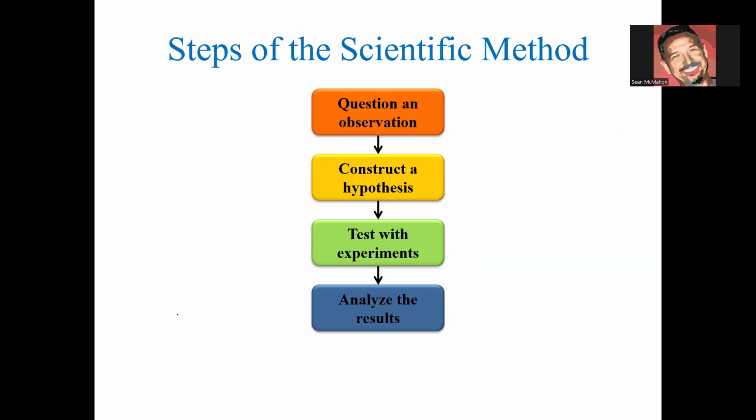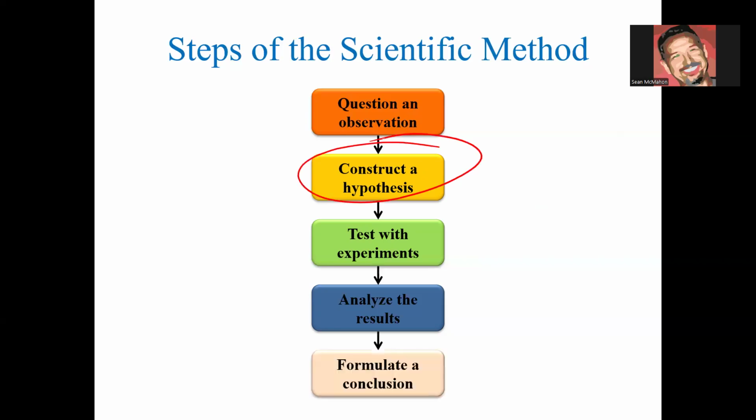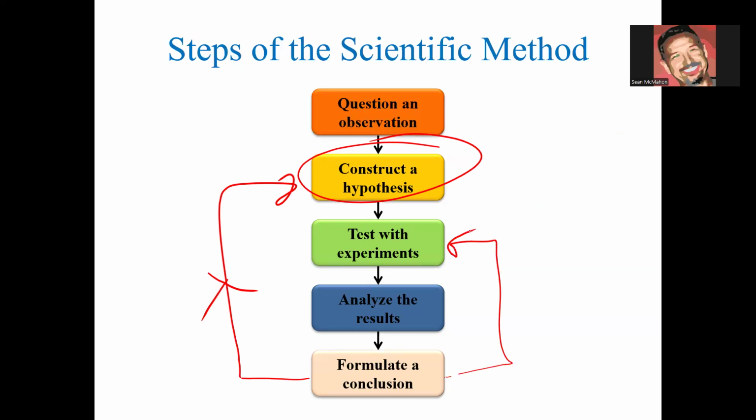And then to see if it supports your original hypothesis, and then you're going to draw conclusions from that. So you might realize in your experiments, these conclusions do not support your hypothesis at all. And now what do you need to do? Because of these new conclusions, you need to design a new experiment, right? And not only do you need to design a new experiment, you might need to come up with an alternative hypothesis.